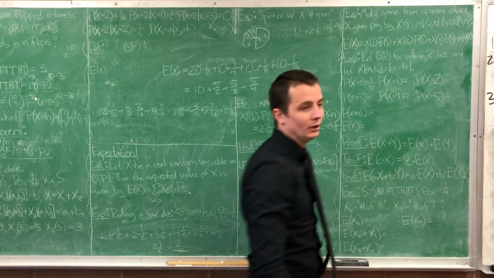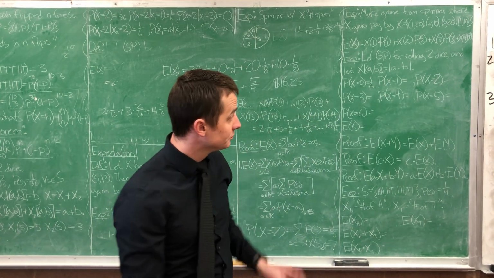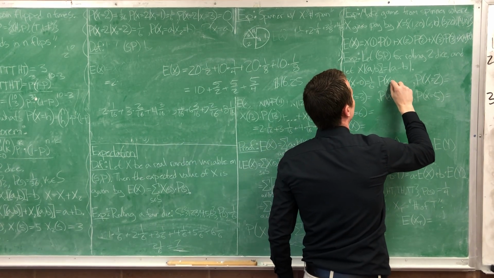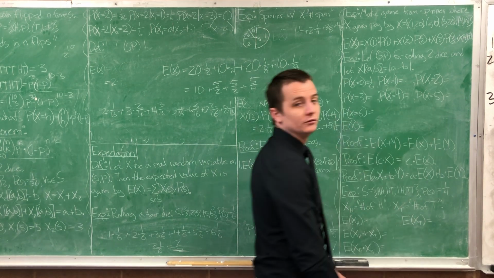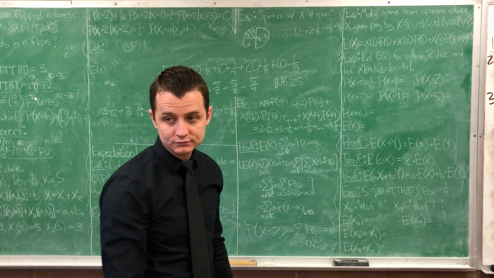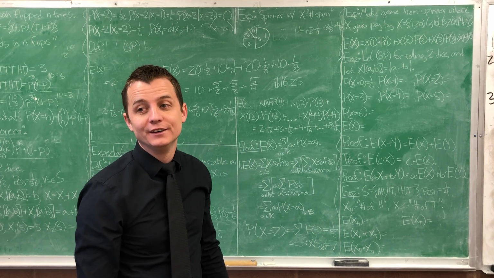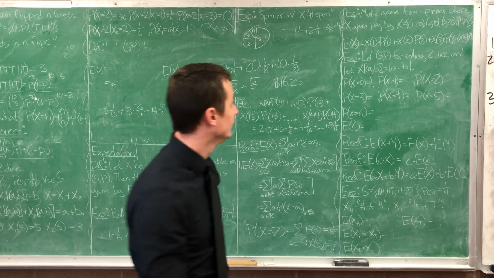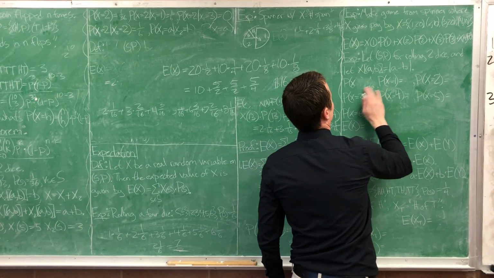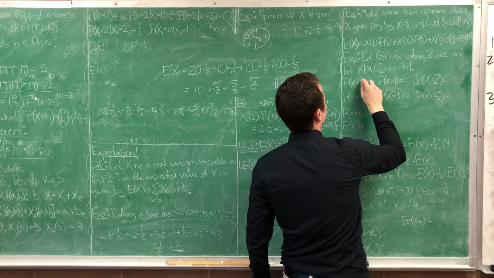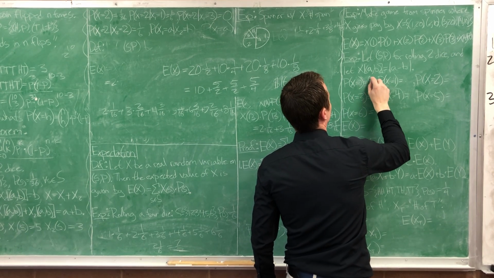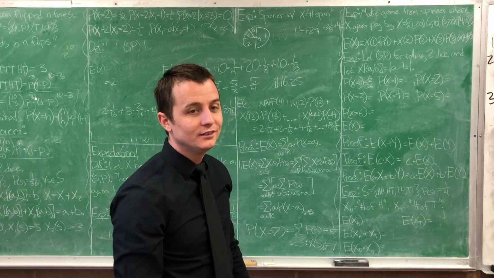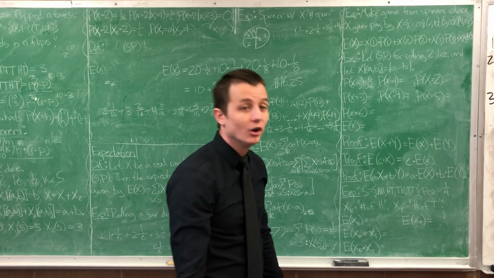Okay, how many ways can x be a 1? One is greater than the other. What are all the rules?